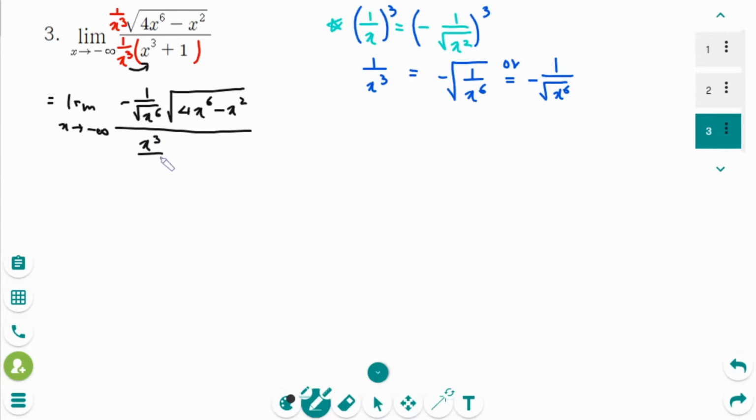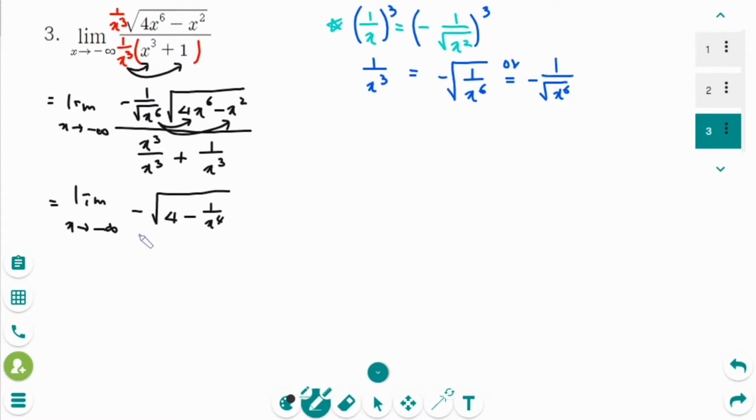Over, expand, plus 1 over x cubed. Minus is still here, and then expand. The first one is 4, minus the second one is 1 over x to the power of 4, over 1 plus the same thing.